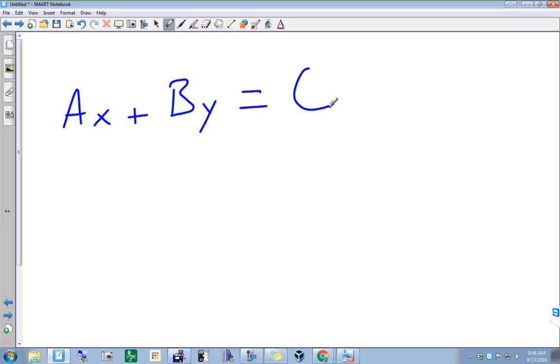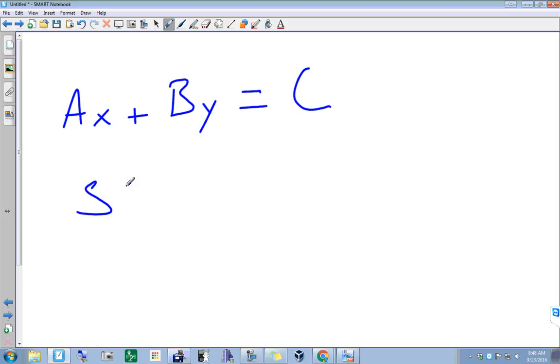Okay? A, B, and C are not the same as C and A and B and something else. This case always is like this. Now, the other thing is that C is the constant, which is actually the y-intercept to a point, because I got to do the division.